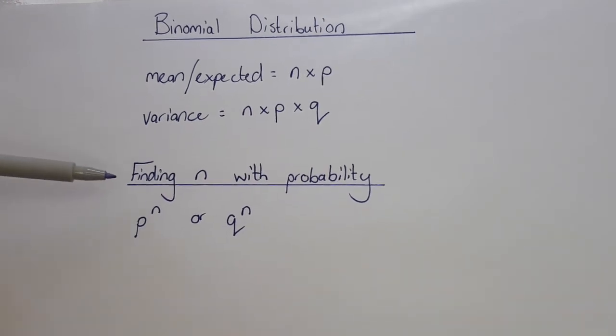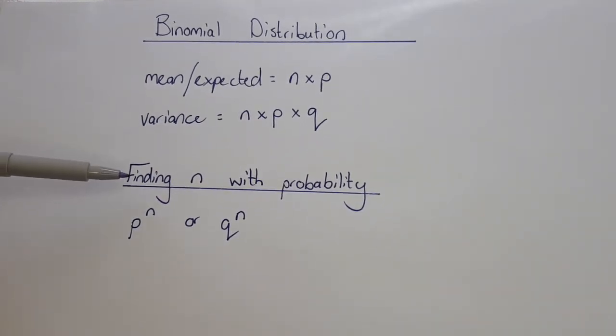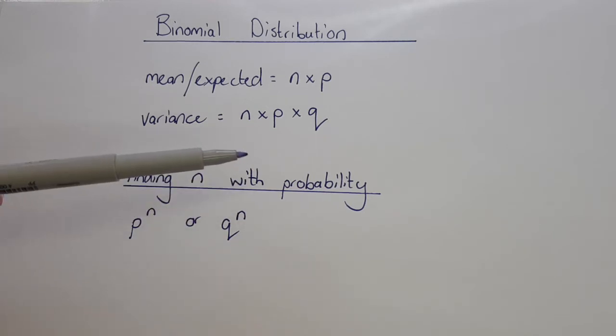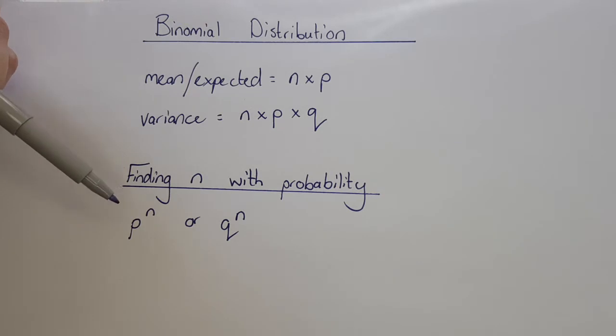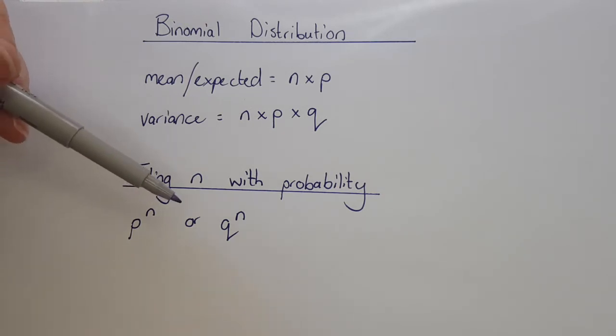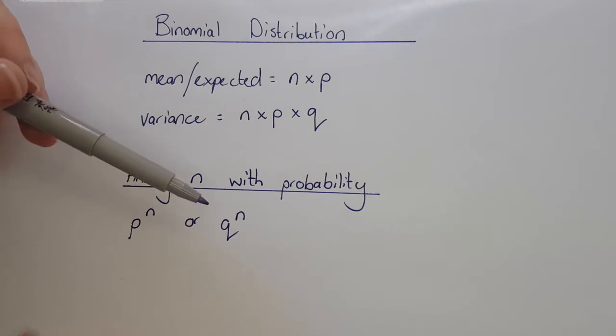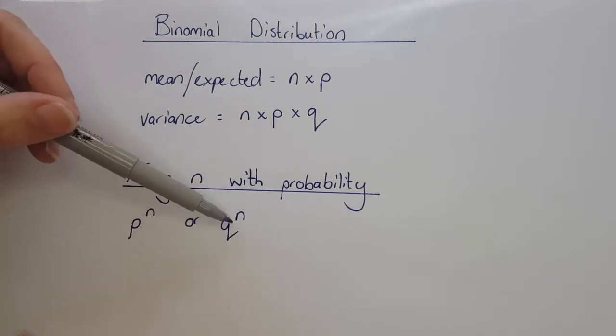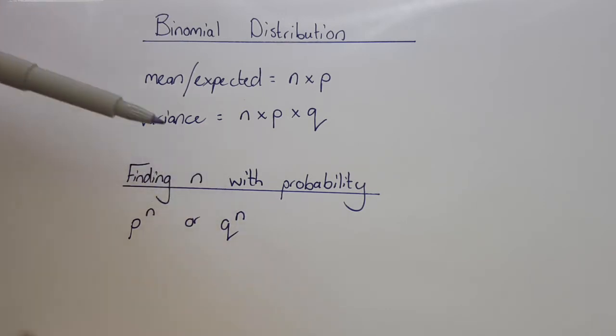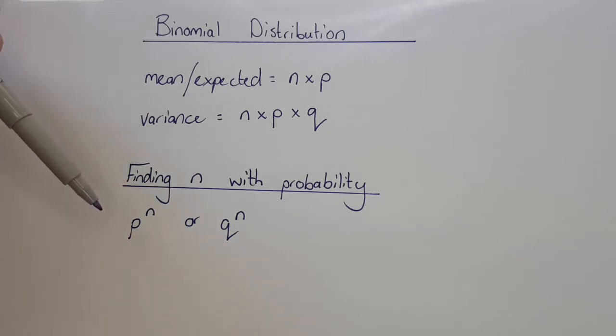And then the other thing we also need to be able to do is find a value of n when we are given a probability, because we always know that if I have my lowest number of successes being 0, that would be the same as saying q to the power of n, and if I have the maximum number of successes, that would be p to the power of n.